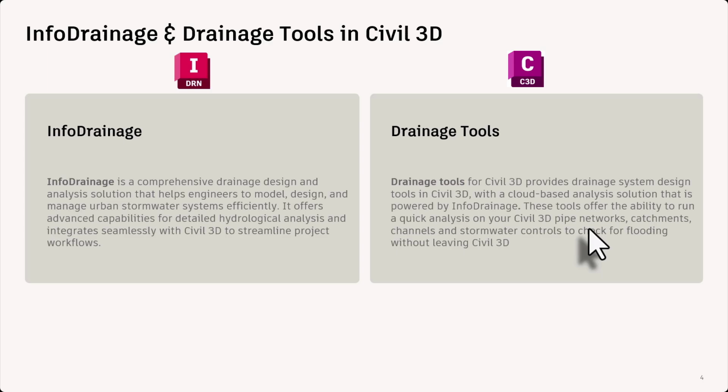So the tools offer you a way to run a quick analysis on your Civil 3D system. This can be your pipe networks, catchments, channels, stormwater controls, checking the capacity, checking for any flooding, but really about the system that lives within Civil 3D.